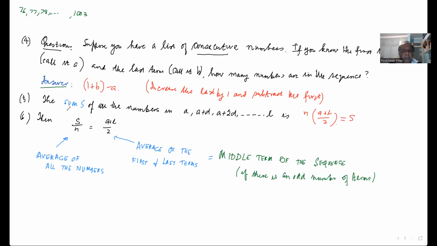Okay, the first thing that I want to say is, how do you add the terms? If you've got several terms in an arithmetic sequence where the common difference is d, the first term is a, and the number of terms is n, and you want to find out the sum of all the numbers, a plus (a + d) and so on up to L, then there's a formula for this.